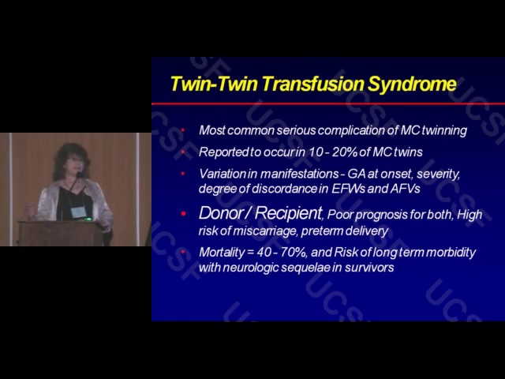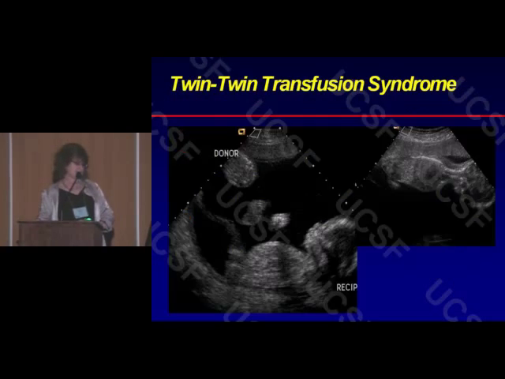There's huge variation in the severity of this condition, and if you go back to thinking about that placenta, it goes a long way to explaining the variability of what we see. We're looking for a donor and a recipient, one sending blood to the other. The prognosis is poor for both, high risk of loss of both, and if either survives, significant long-term morbidity risk, including neurologic sequelae.